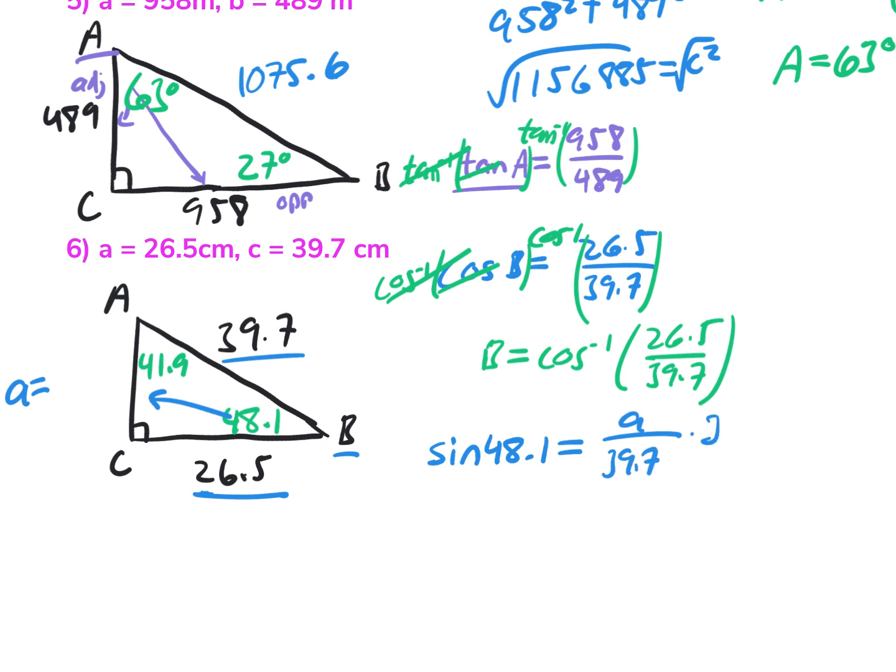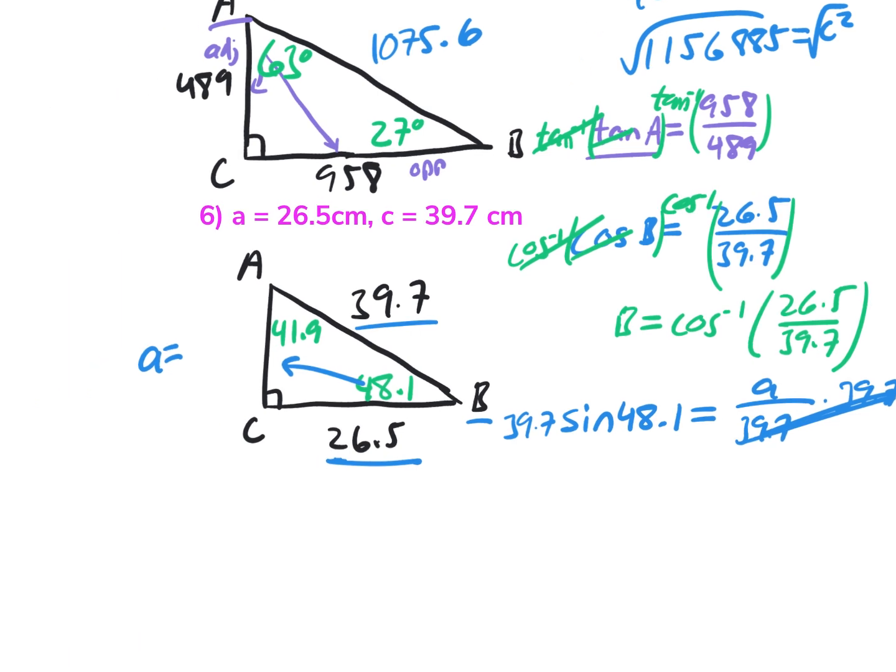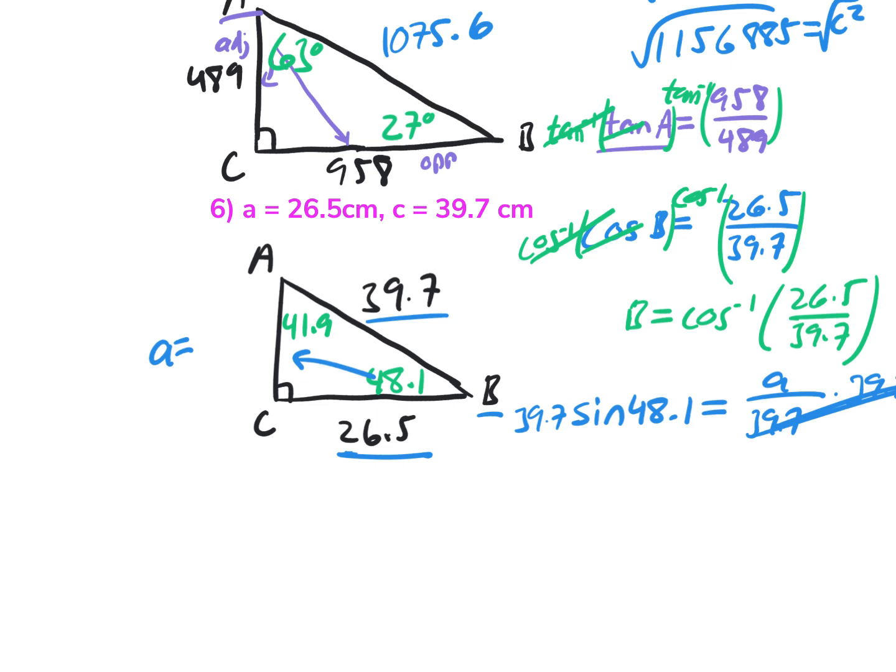Then we can multiply 39.7 on both sides, just like we did before, cancel it out, and then plug in 39.7 times sine of 48.1 in our calculators, and we should get that A is about, to the nearest tenth, 29.5.